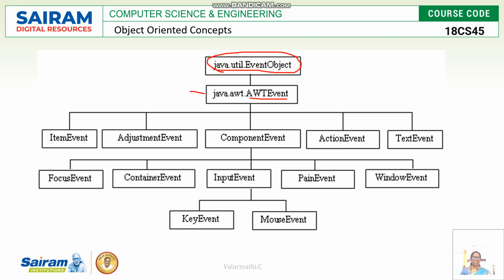Then from AWTEvent the remaining events like ItemEvent, AdjustmentEvent, ComponentEvent, ActionEvent, and TextEvent are defined. The remaining events are FocusEvent, ContainerEvent, InputEvent, PaintEvent, WindowEvent, KeyEvent, and MouseEvent. At the beginning level we will mostly see KeyEvent, MouseEvent, and WindowEvent. Let us see each event in detail.